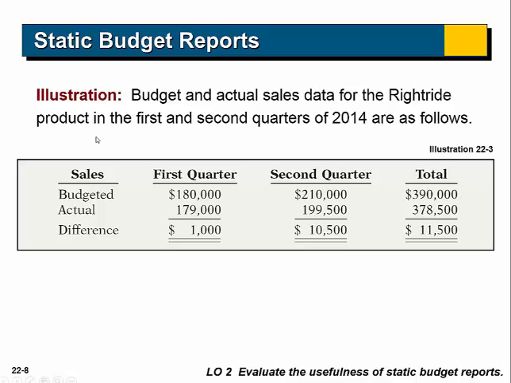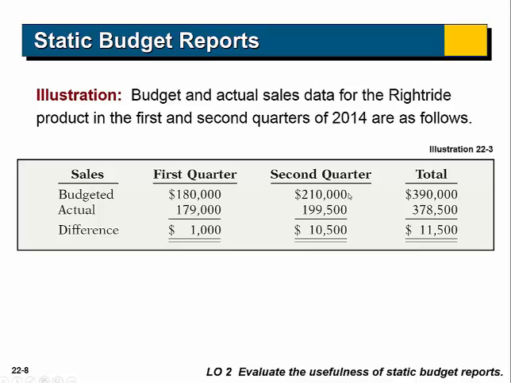Now, notice, people, that I'm talking about sales or revenues. Okay, 179,000 is not as good as 180,000. Okay, so we're under budget by $1,000 difference.